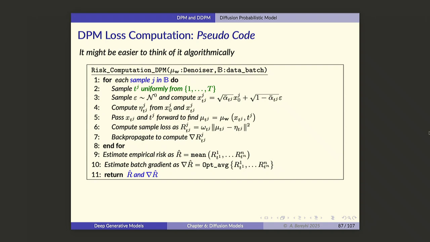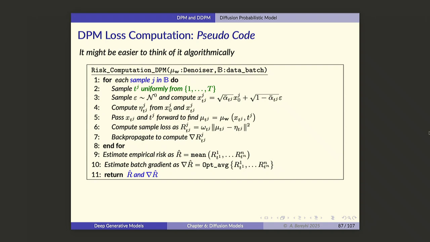You multiply it by the corresponding coefficient. You sample one Gaussian noise, and then you also multiply it by the corresponding coefficient. This is going to be your xtj, right? One sample of noisy data at time t, right?